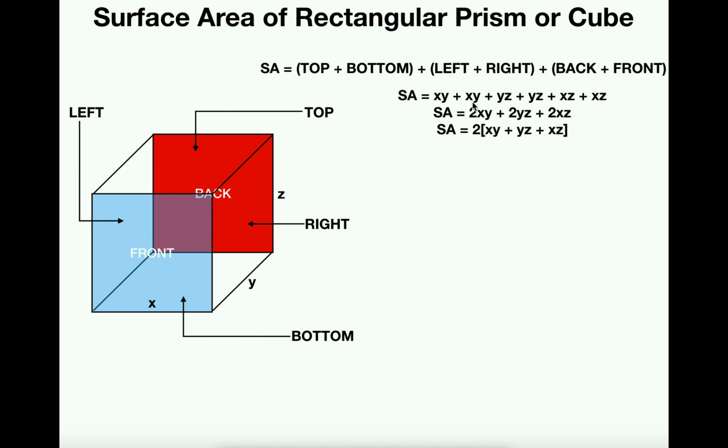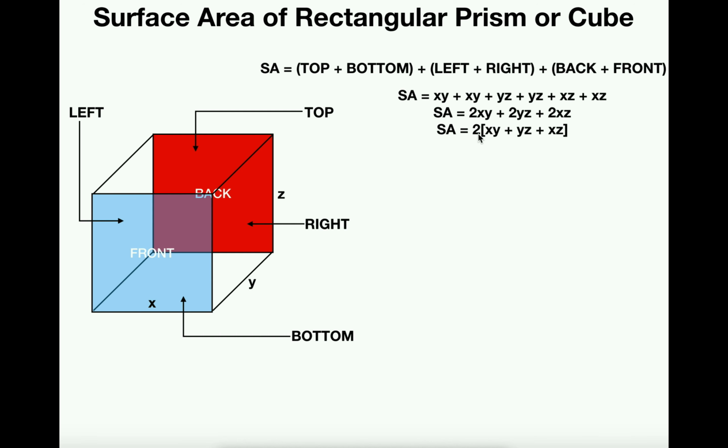And then if you group these together, we get a surface area equals 2xy plus 2yz plus 2xz. And this final formula, which is only applicable if you're counting every face of that prism, you get the surface area is equal to xy plus yz plus xz. You take this sum and you just double it.